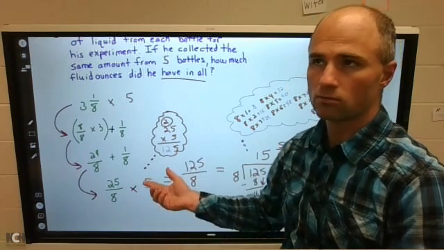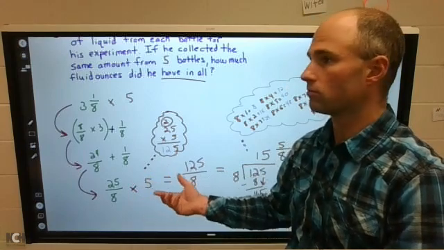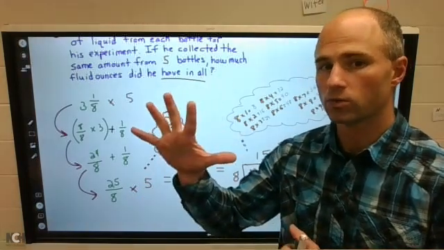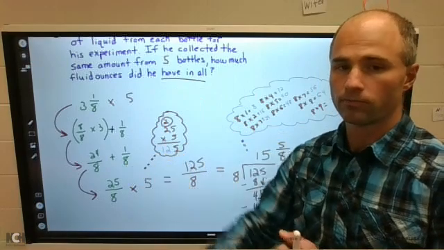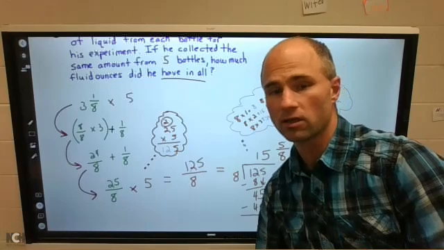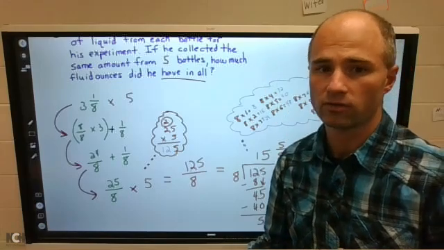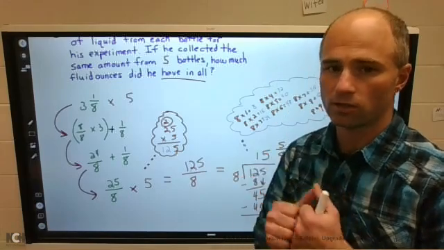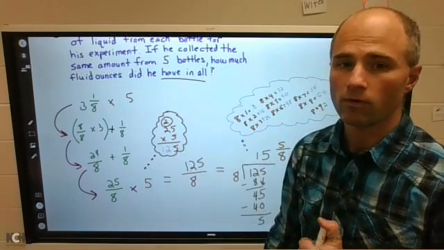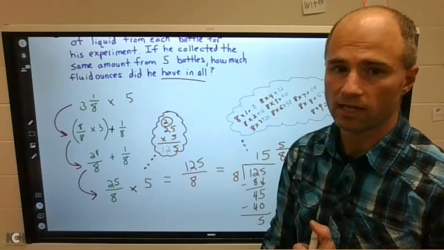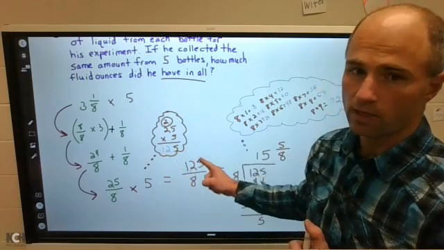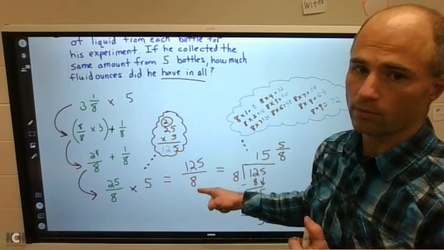Some of us might be able to do 25, 50, 75, 100, 125, which is awesome. Some of us might relate this to money, 25 being a quarter, and realize that's $1.25. Awesome too. And some of us might just need the standard algorithm. So 25 times 5 will give you 125. That's my numerator. My denominator is 8.